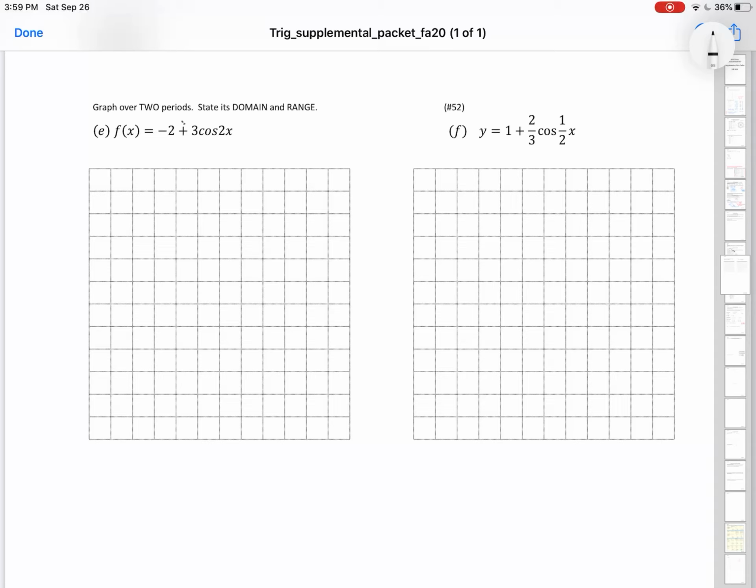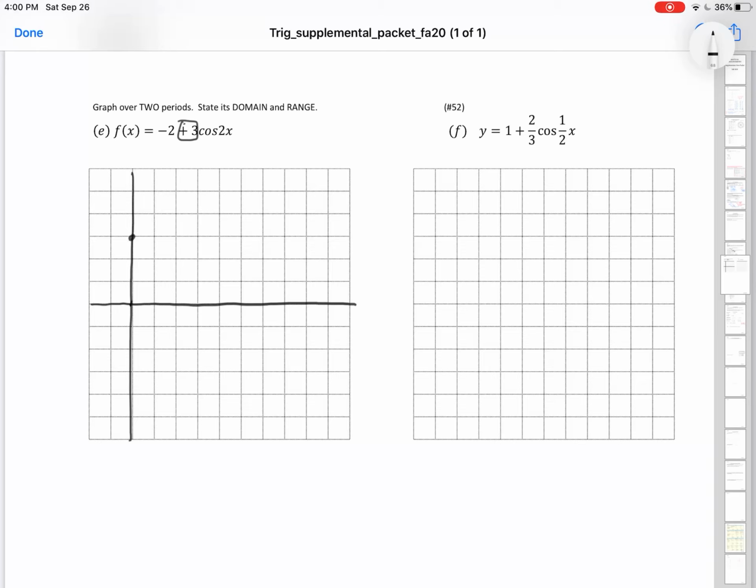Some things that I look at first: is there a height adjustment, and is there a phase shift? There's no phase shift for this. There is a drop down of 2. So I'm going to do what I've always modeled, and that is drawing the regular cosine function. It's got a height of 3.